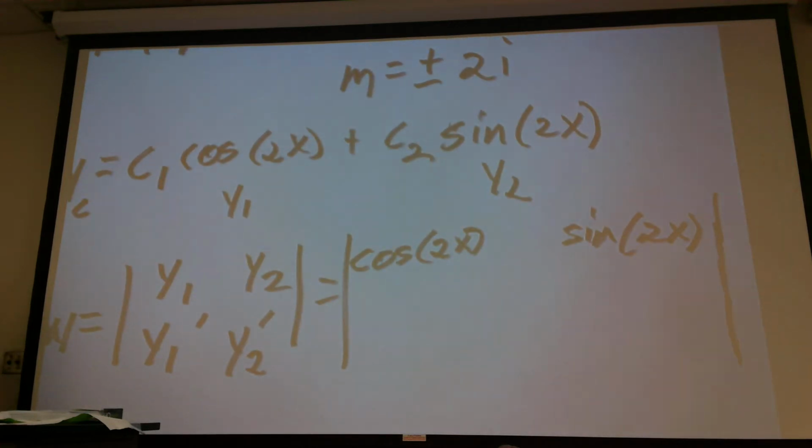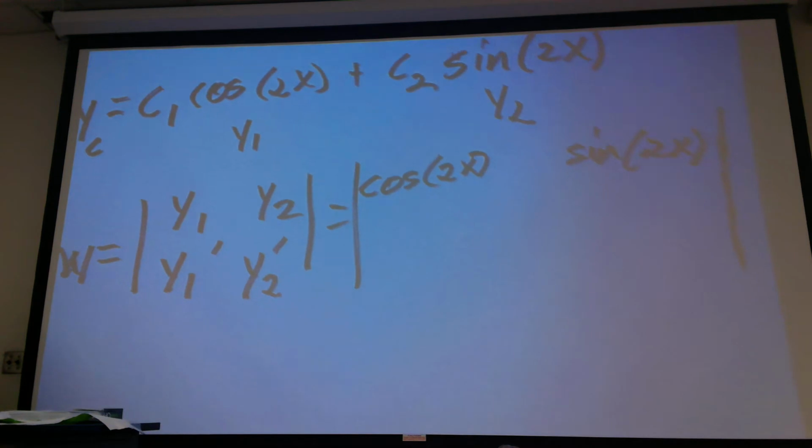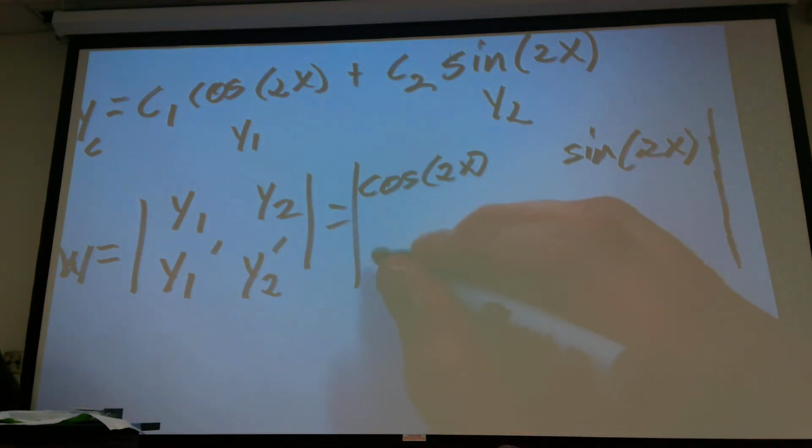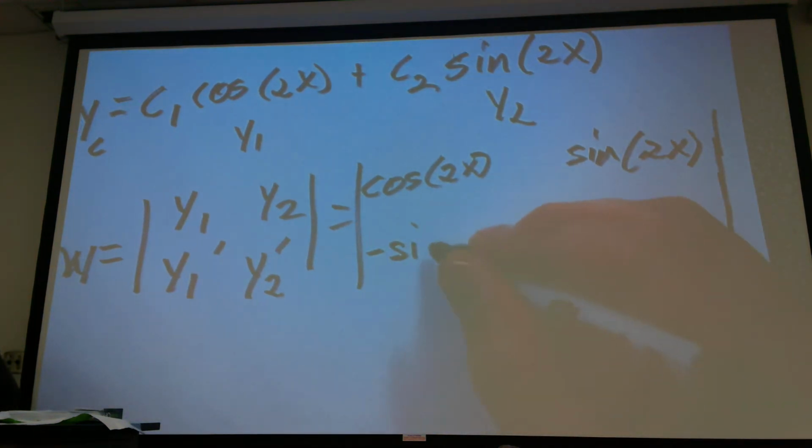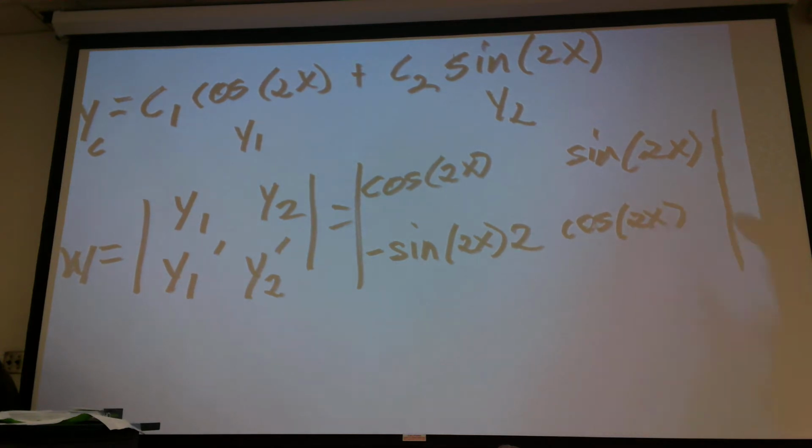Now the derivative of cosine is negative sine, so that's going to be negative sine of 2x times 2. Derivative of sine is cosine of 2x times 2.